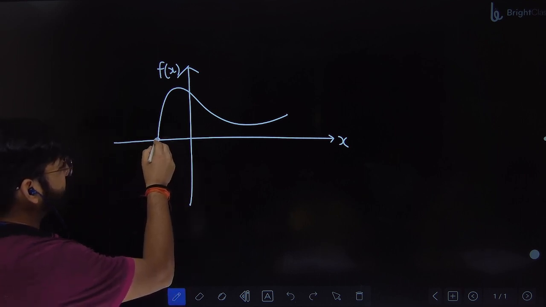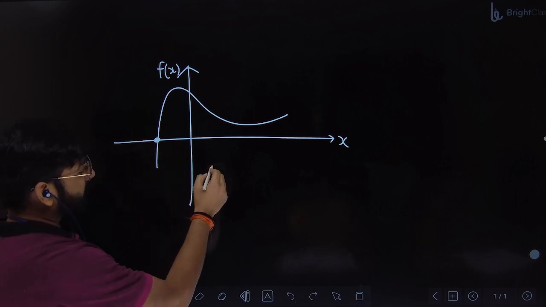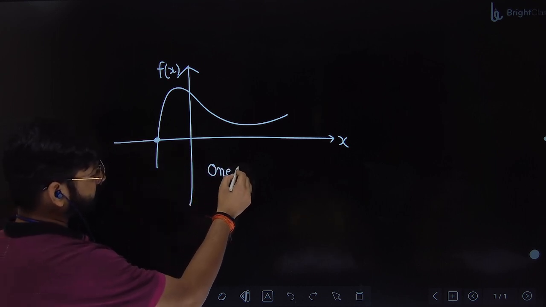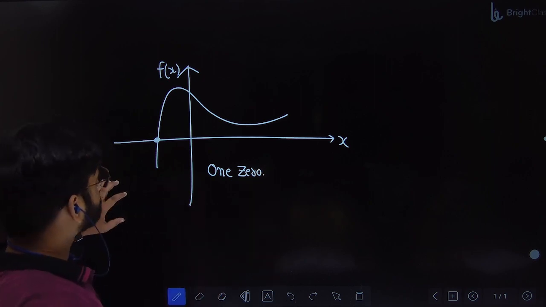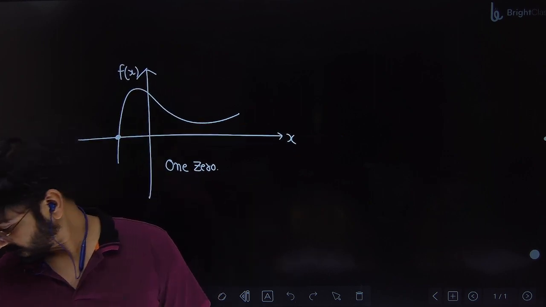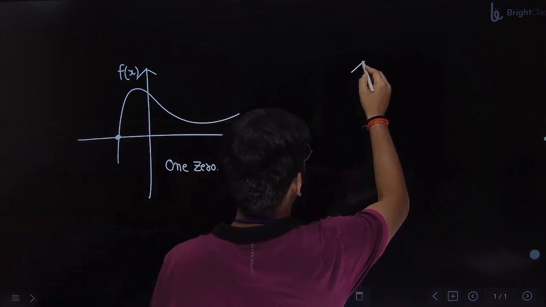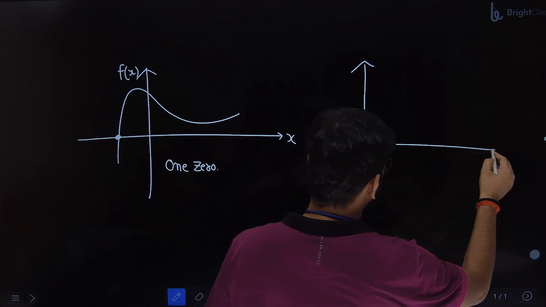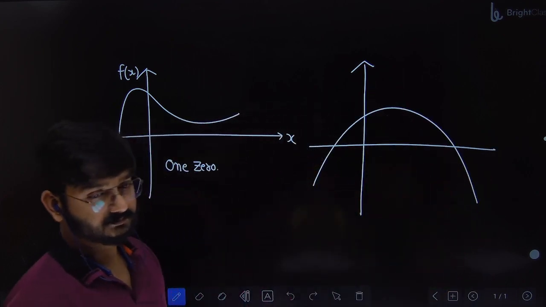If you see that it is intersecting the x-axis at 1 point. So how many zeros? Very good. Next one. How many zeros? Two.